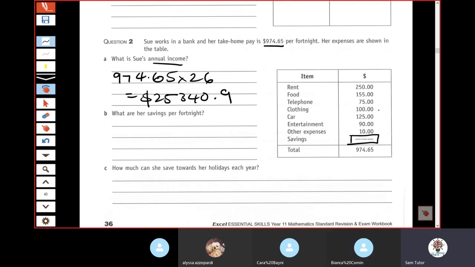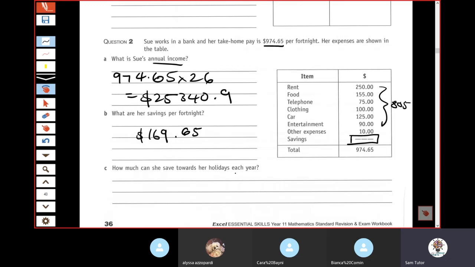So 250 plus 155 plus 75 for telephone, 100 for clothing, 125 for car, $90 for entertainment, $10 for other, becomes 805. So 974 take away 805. She can save $169.65.